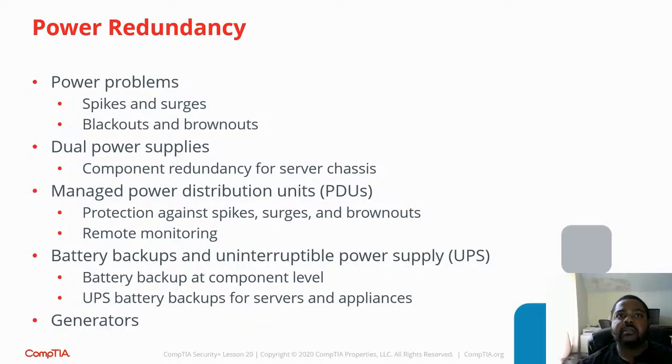But a lot of these devices have redundancy built in, so while the load is on one part, whenever that part fails or breaks, it automatically fails over to the backup part, and then you get a notification saying, hey, we need to replace this power supply on the server.